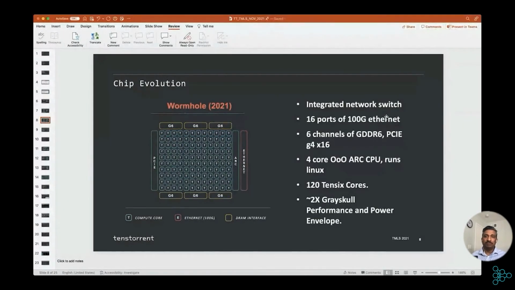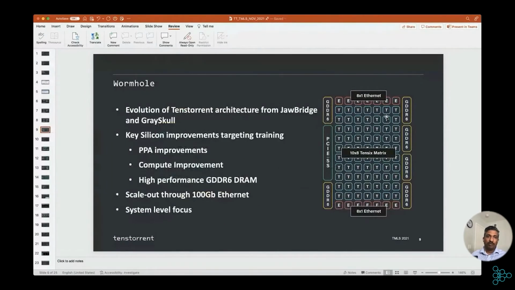This really opens up the scale out capability of creating a mesh of cores for the programmer, and also using the right amount of hardware based on the need. It has 120 Tensix cores, and we were also able to improve the performance of our floating point units and improve the power envelopes.